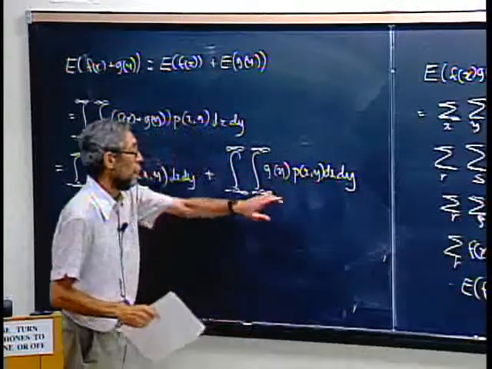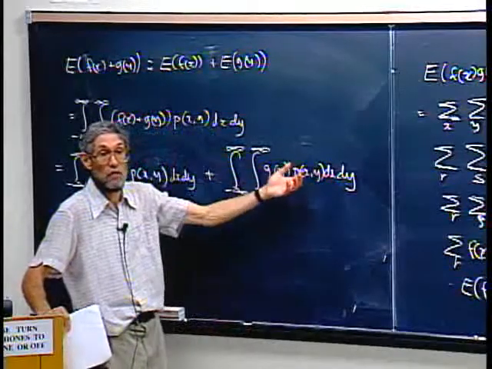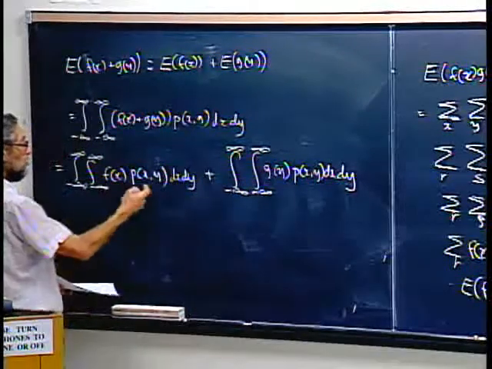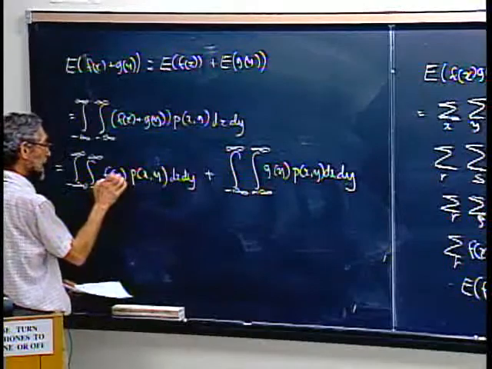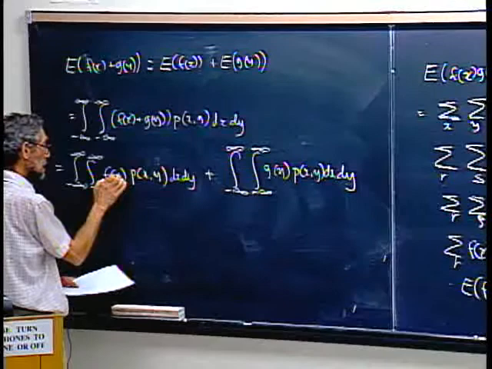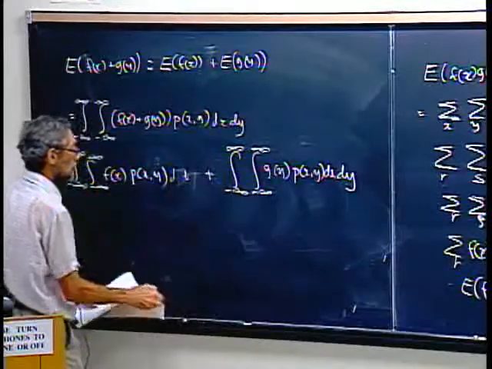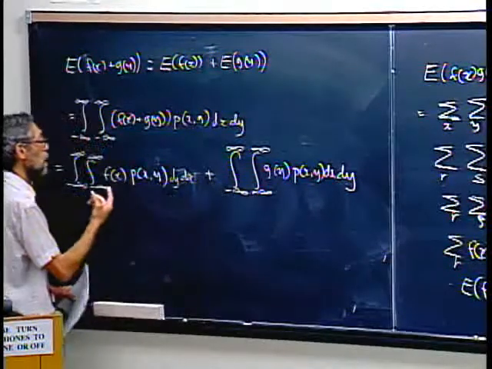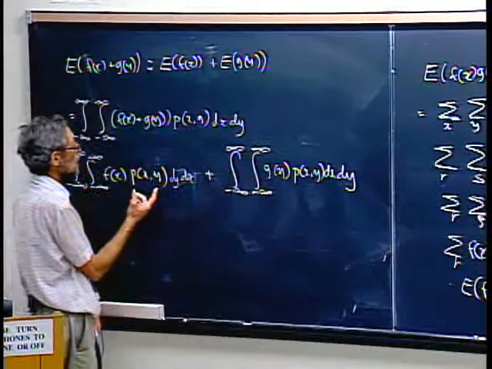Right? So now this probability depends on both x and y, and I'm not assuming they're independent, so I can't write it as a product. But I can still do something with this term, namely this f of x can be, let's write it like this, dy dx. An outer integral over x times an inner integral over y.